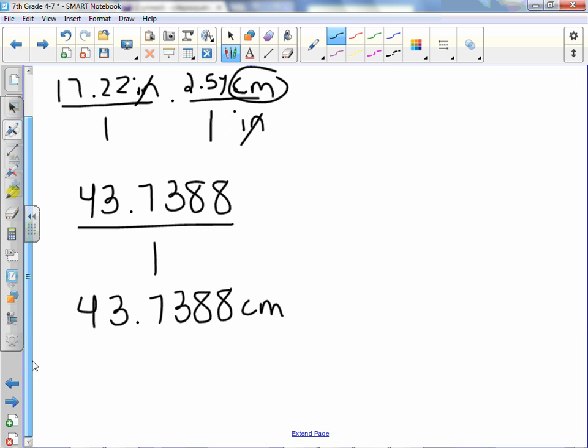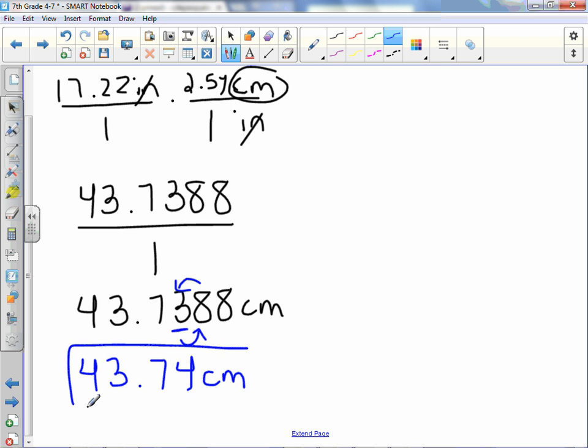The last step here is to round to the nearest hundredths. This 3 is in the hundredths place, so find your place, look next door, 5 or greater, add 1 more. So this is 43.74 centimeters.